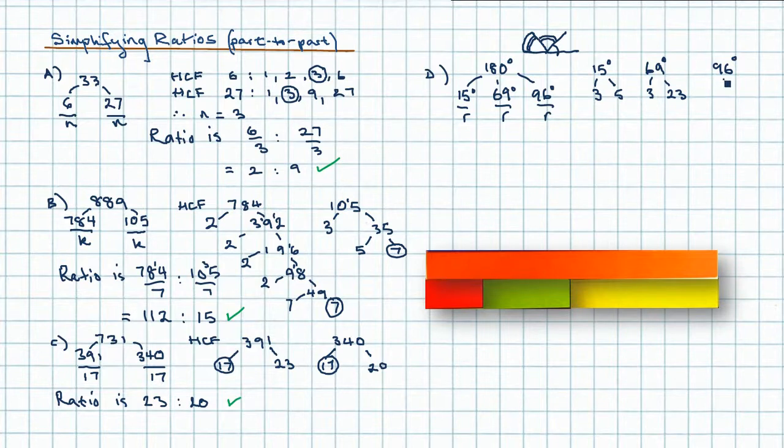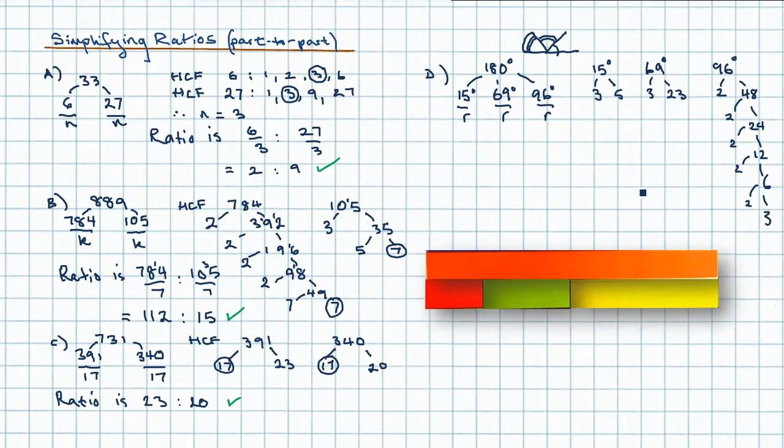Okay, 96, 2 will work, so 48, so 2 again, 24, 2, 12, this breaks down nicely, 2, 6, 2, and finally 3.